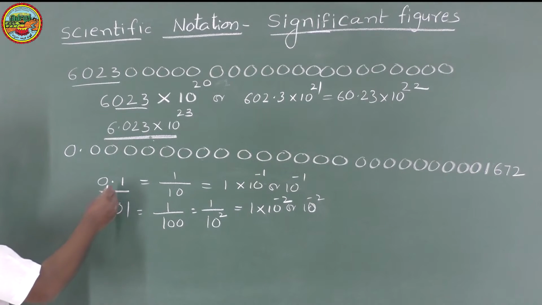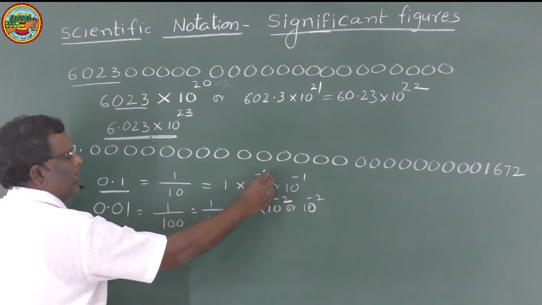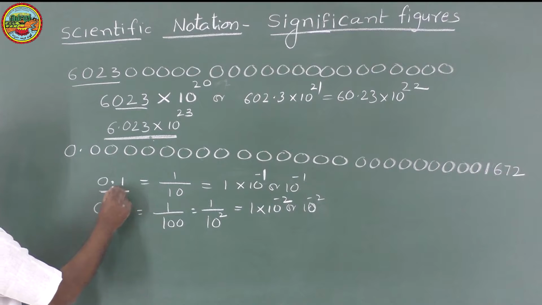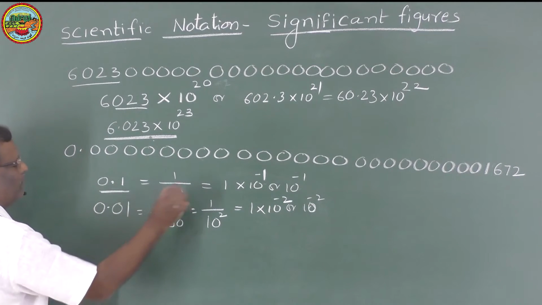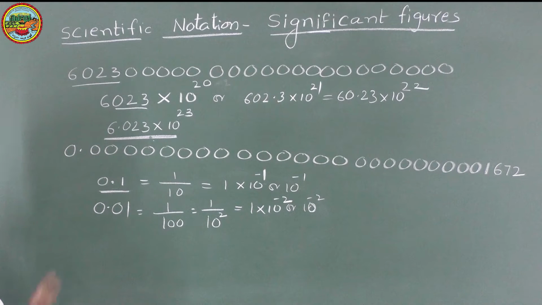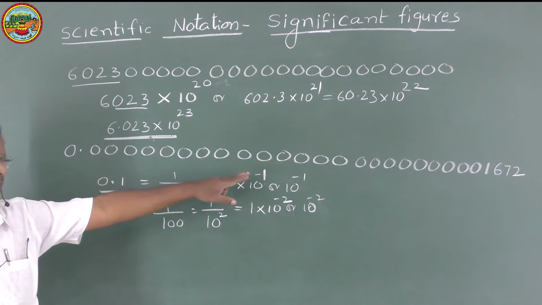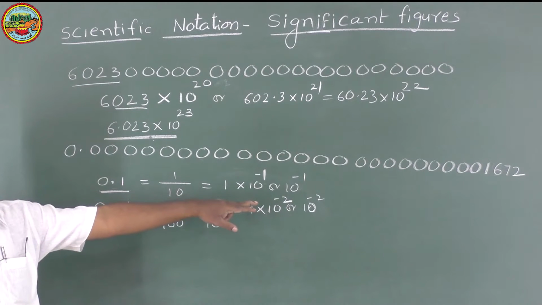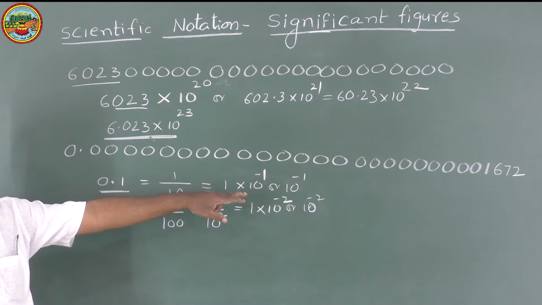So here if you observe, the negative power of 10 will be equal to the number of digits present after the decimal, on the right side of the decimal. So here 1 digit is there, so the power is minus 1. Since 2 digits are there, you have the power minus 2.